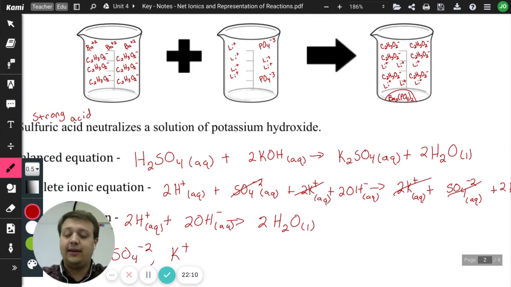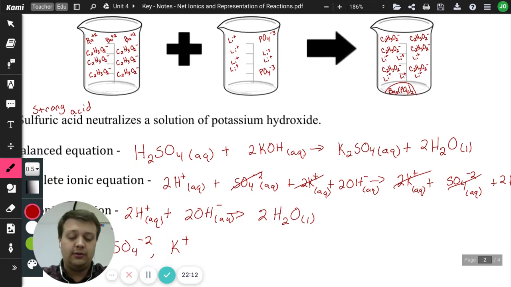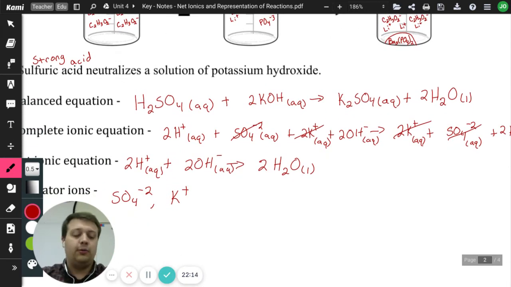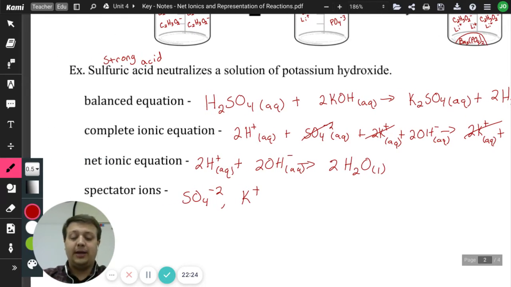Went back in, I canceled out all my spectator ions, and I found my final formula, my net ionic equation, to be 2 hydrogen ions plus 2 hydroxide ions is going to produce 2 water. Okay, and then my spectator ions were SO4 and K+. Okay, all right, so that would be our net ionics there.